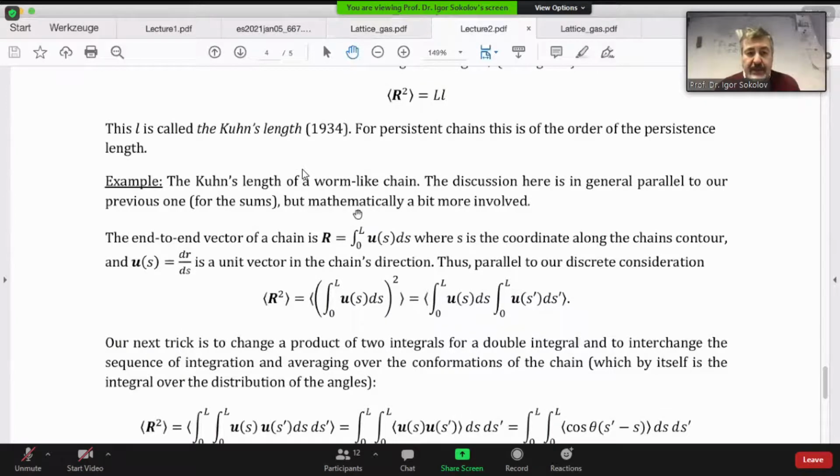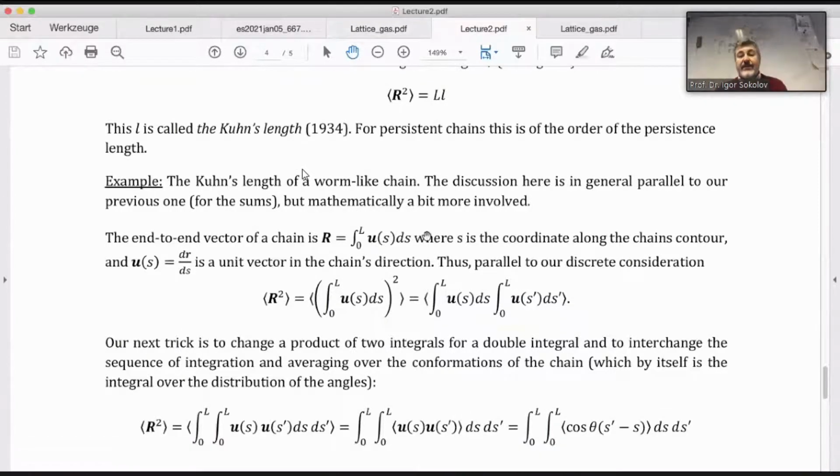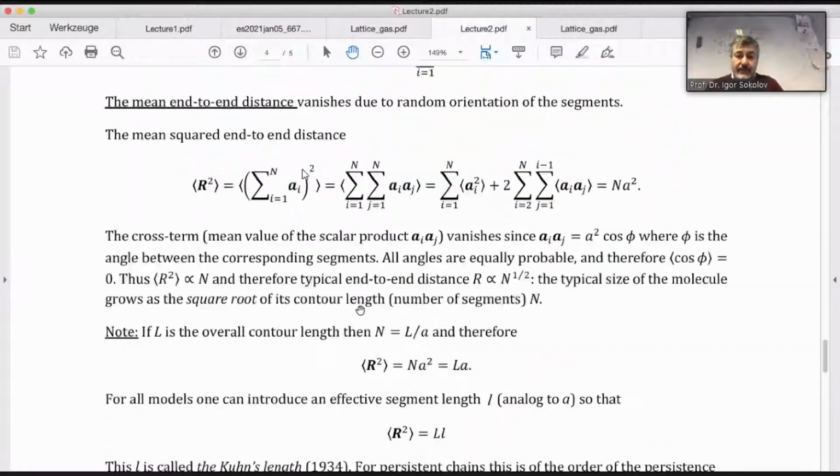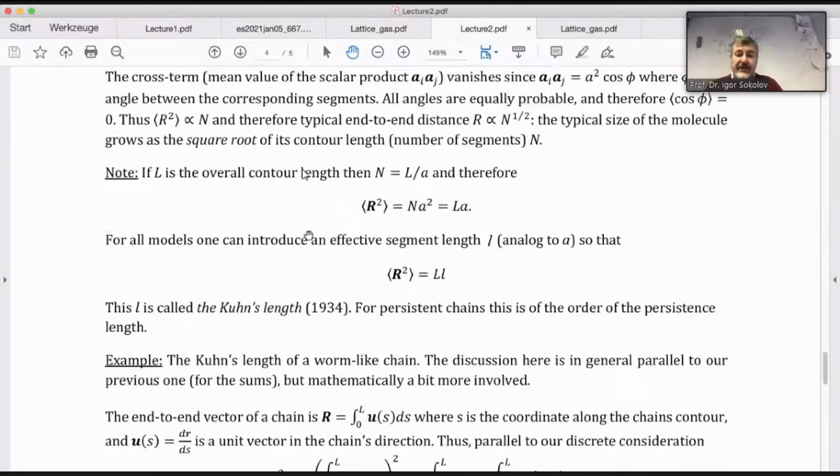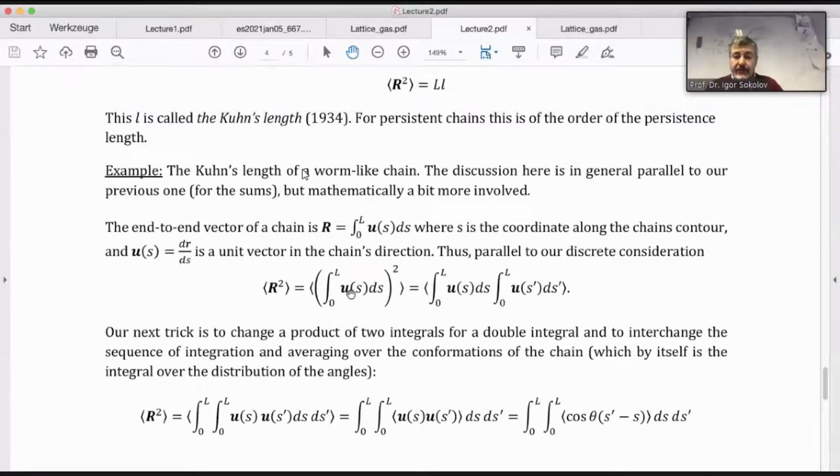And then what I have written here, now let me share the screen again with you, and then this holds. So here I have written exactly this. This is the sum of the very short steps along this continuous model of the polymer chain. Now I make the same trick as here. I have a square of the integral, which is a square of the sum.